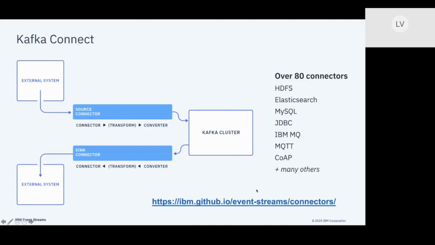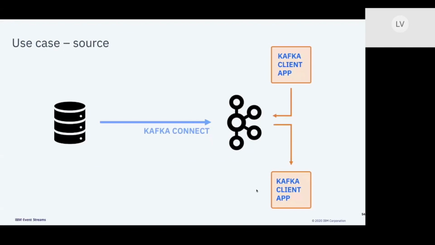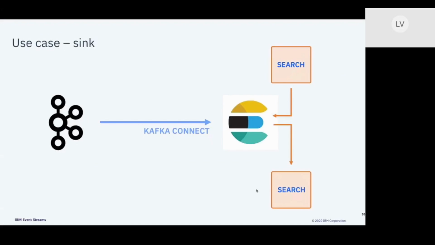And that's an example here. You can maybe use a specific connector from a database, and this data will be consumed by any Kafka application, or maybe you can publish any information from a Kafka application to push this to a database. That's an option. The same thing with Elasticsearch, for instance, just to illustrate an example of use cases.